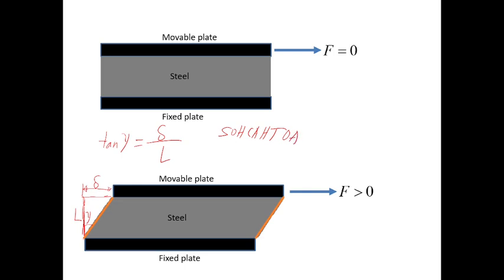Tangent gamma is very, very small, so it is approximately equal to gamma. That is why gamma is equal to delta over L. We call gamma the shear strain.